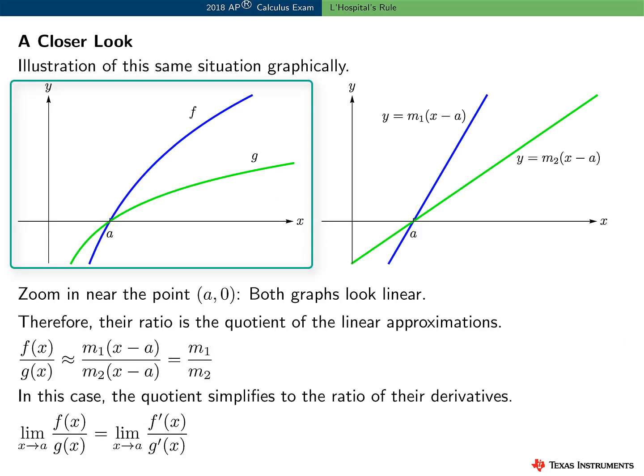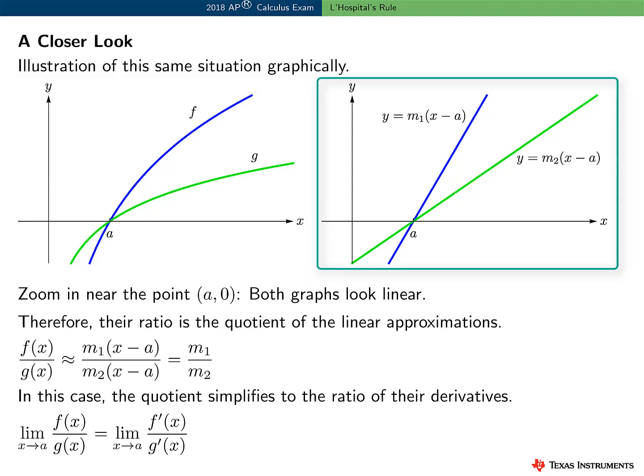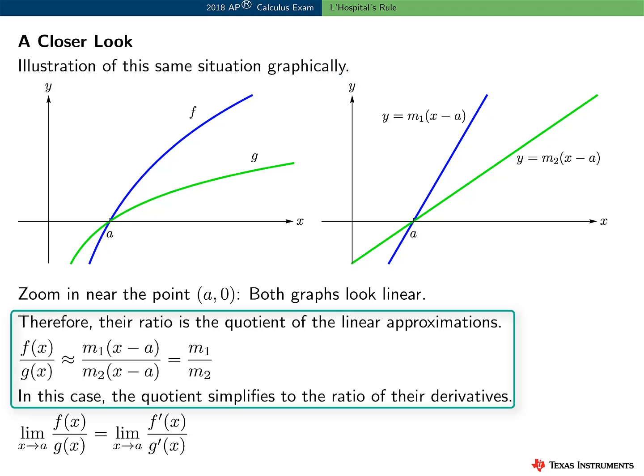This figure shows the graphs of two differentiable functions f and g, such that f of a equals g of a equals 0. As we zoom in near the point a, 0, both graphs are locally linear. This figure shows the linear approximations to f and g as we zoom in near x equal a.